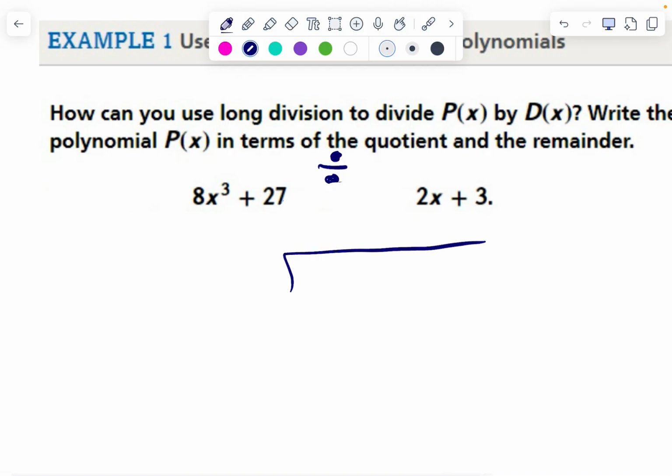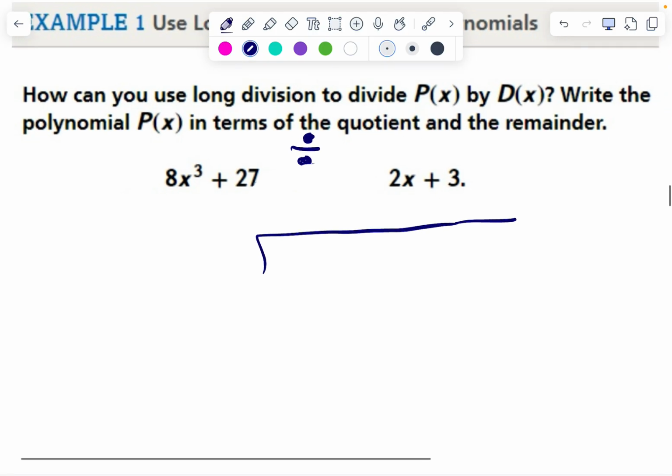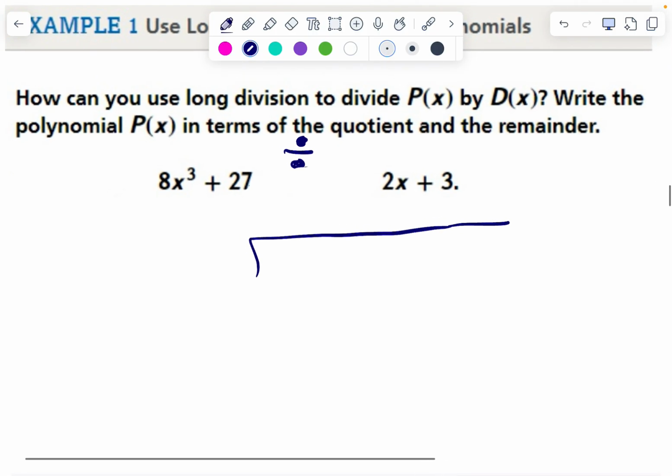Now, before you do, don't just set up your division, because this is that caution that we need to go right after I show you this one. Do you see how we're skipping some terms between x cubed and 27? And that's okay for a polynomial, but not when we divide. So if we skip terms when we fill out our division, when we set it up, we've got to put them in there. And here's how.